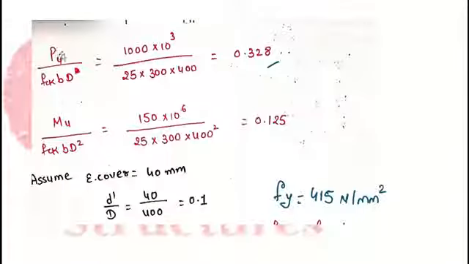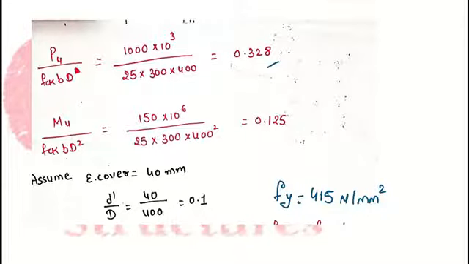So we have the values for Pu and Mu, also fck and b and d, right? So let's calculate Pu upon fck bd and Mu upon fck bd square. Put all the values, and Pu upon fck bd is 0.328, and for Mu upon fck bd square the value is 0.125. For the charts, the other values required are d dash by d and fy.